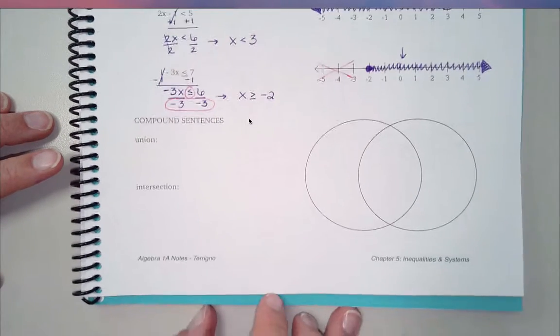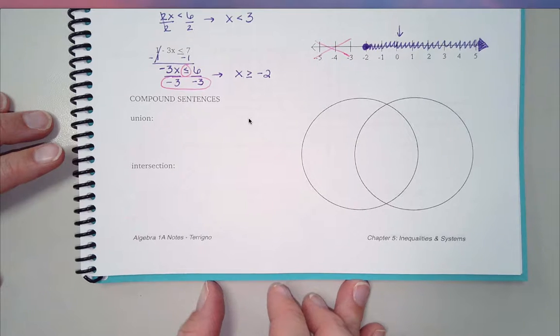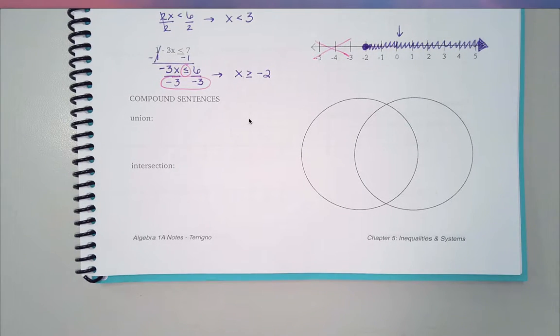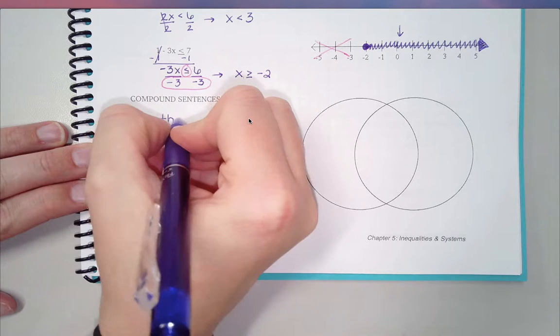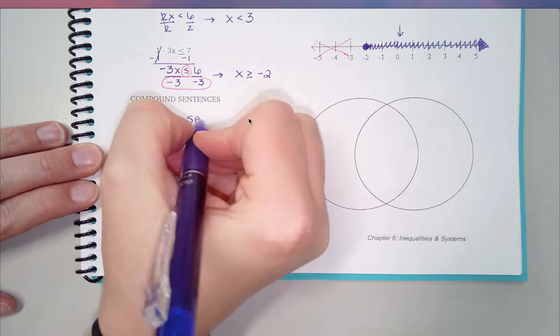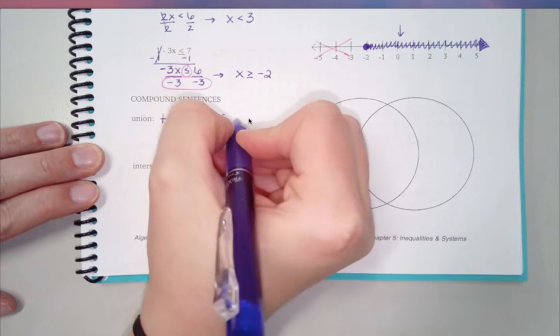Okay, so let's get into the real fun for today. We're going to start talking about unions and intersections, okay? And you talked about these in geometry, I believe, but the union is the set of all objects.